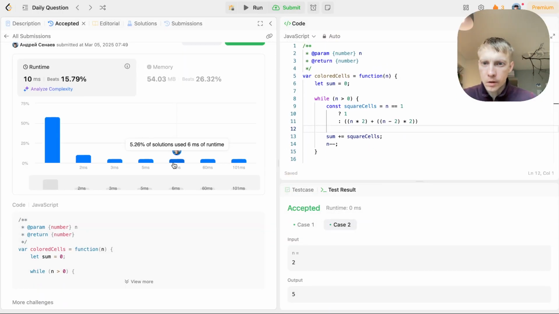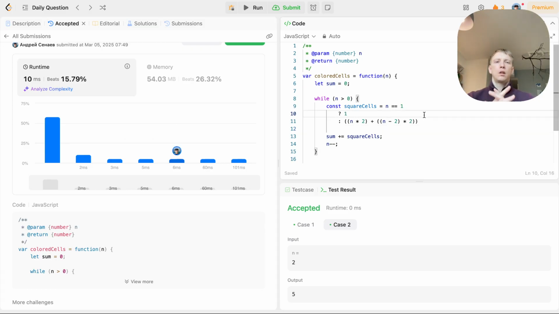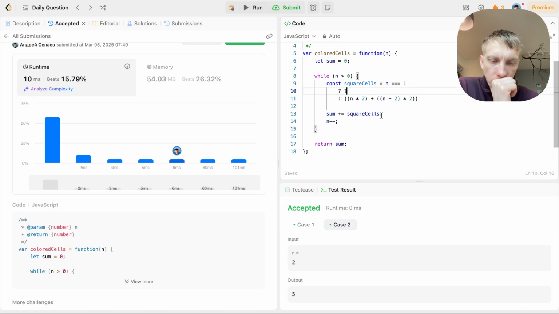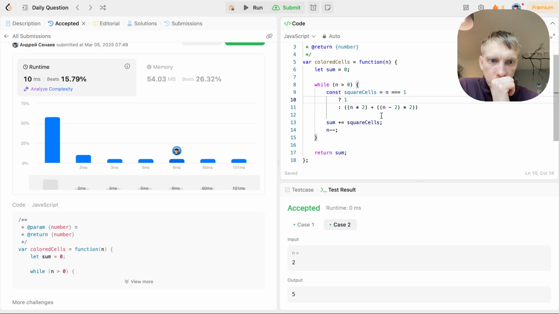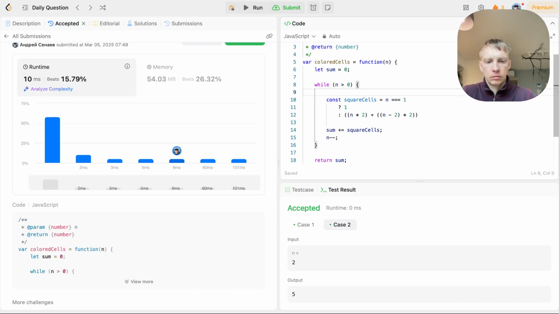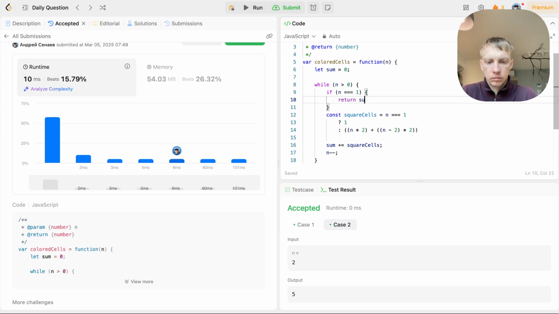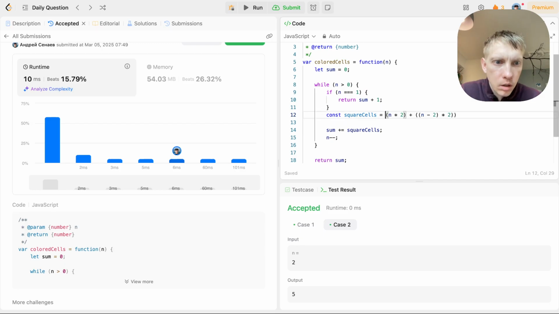But the performance is not the best. What can we make better here? That can be helpful a little bit.